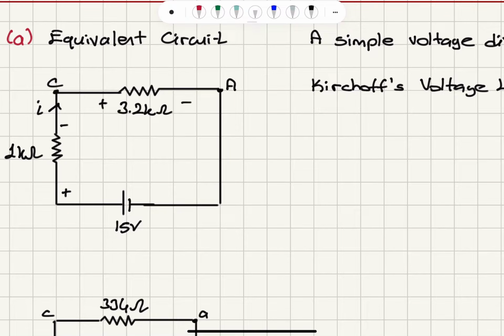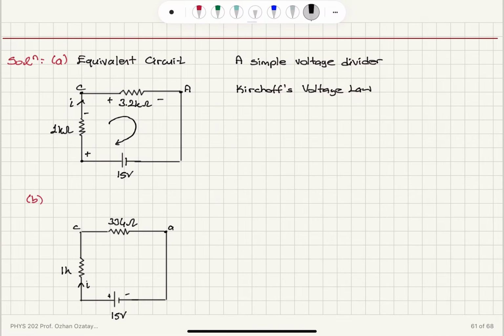Minus 15. Going back here, we have completed the loop. So this is basically following this loop, starting from this point and ending at this point. So you can see that we have I times 1K voltage drop, then I times 3.2K, then minus 15 volts, equal to 0.